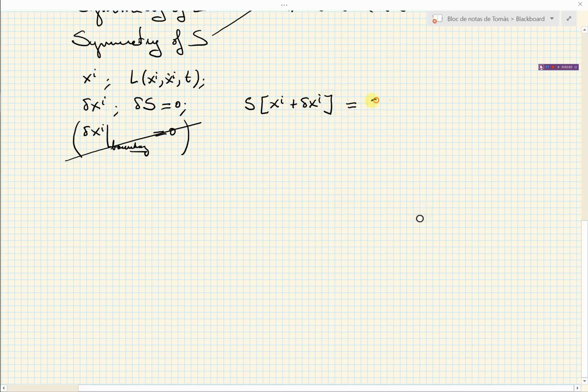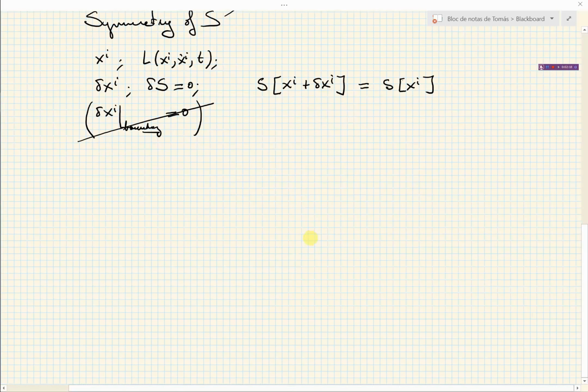Sorry, this is S of xi, without assuming anything about the boundary conditions of delta xi, and without assuming that this xi is a solution of the equations of motion or anything like that. This is what this delta S means.